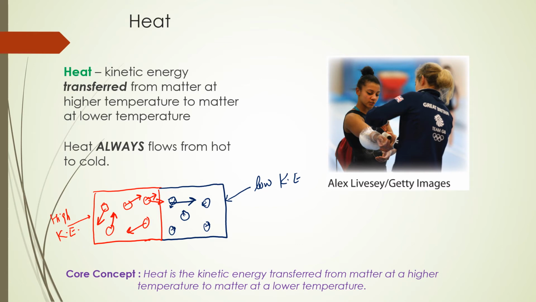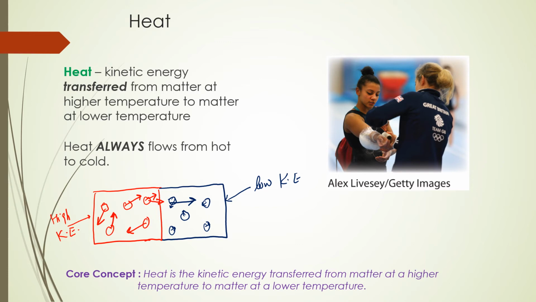So as we let these collisions take place, with time, most of the red particles will come in contact with blue particles, and in doing so they will transfer their energy to the blue particles.